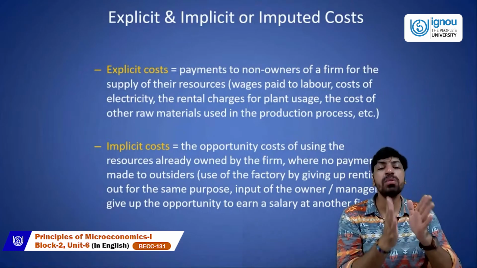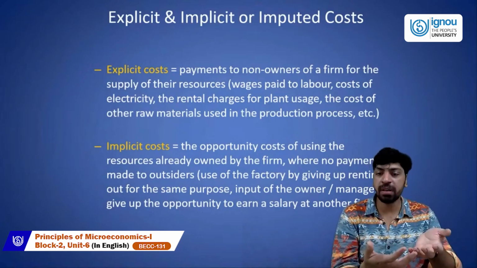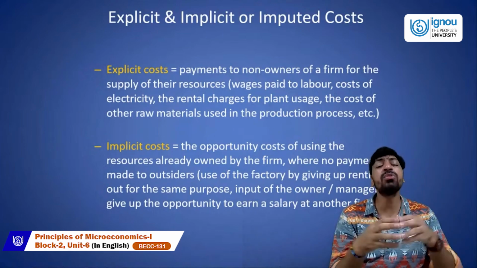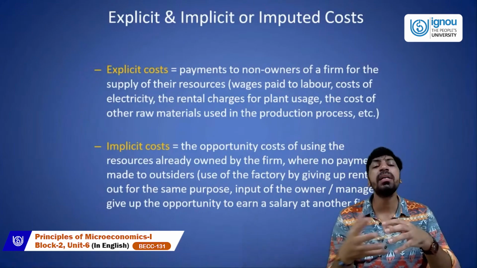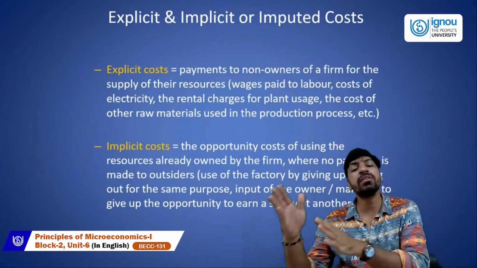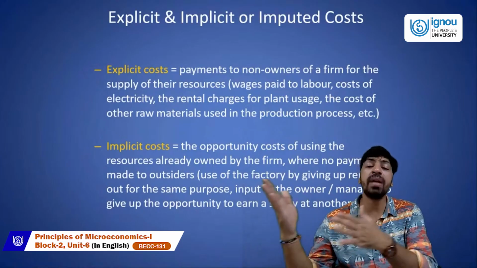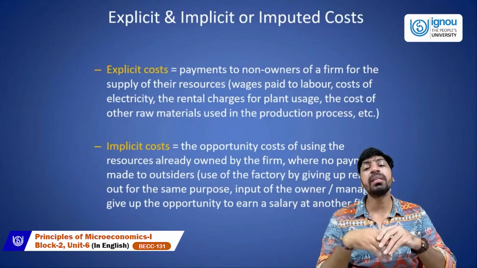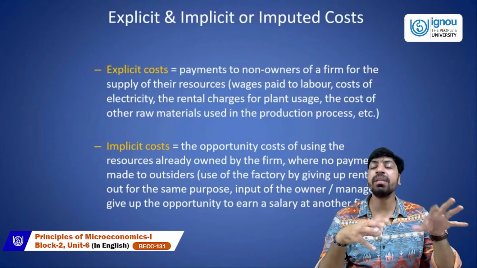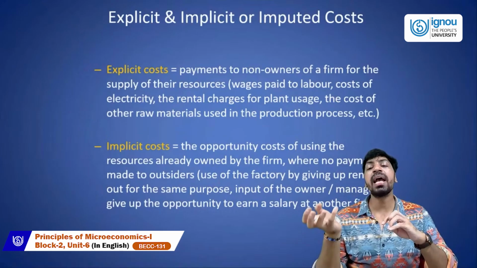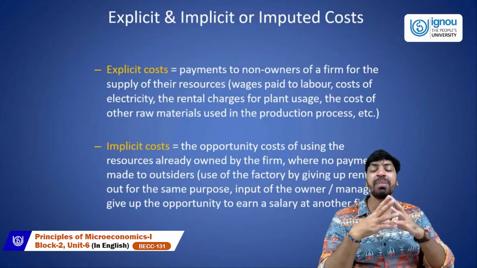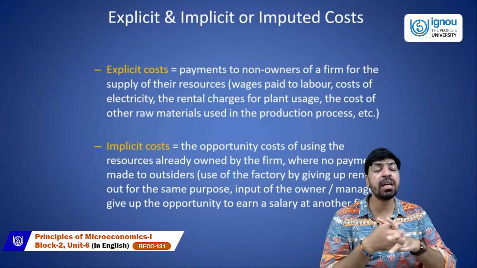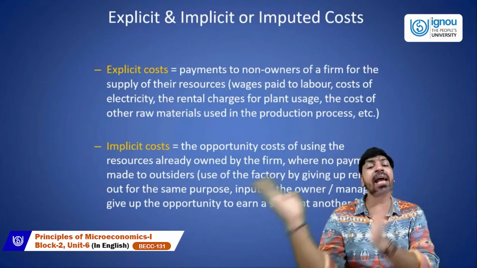Implicit costs are those costs of resources already owned by the firm. For example, using the factory yourself, giving up the option of renting it out to another firm for the same purpose. Another example is the input of an owner-manager, who gives up the opportunity to earn a salary at another firm. So instead of being an owner, being a manager, you are giving up the opportunity to earn a good salary package at another firm.